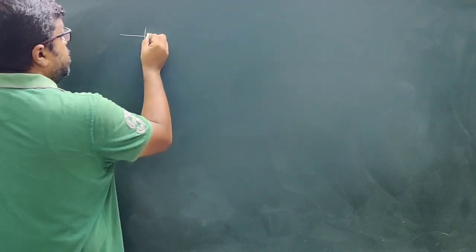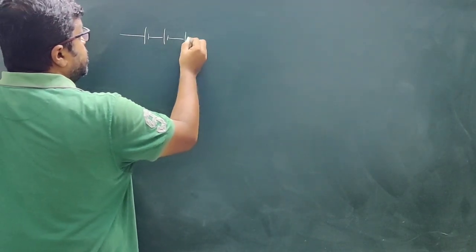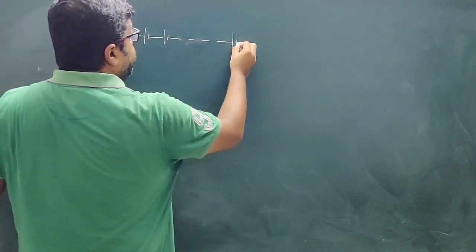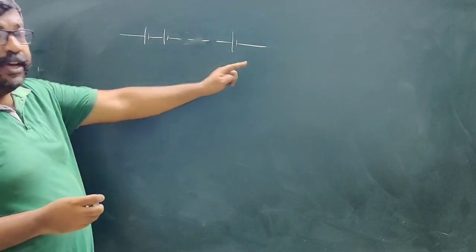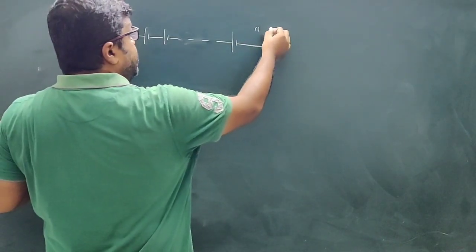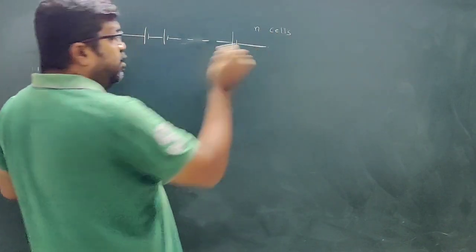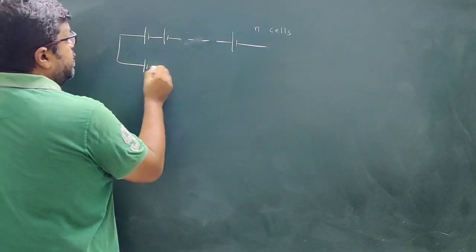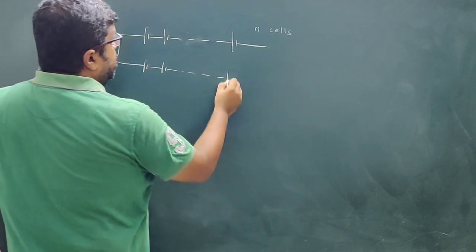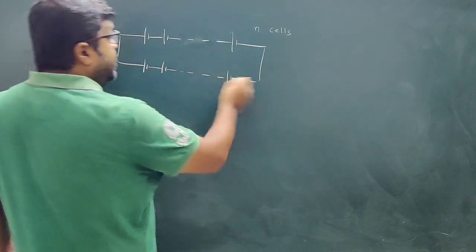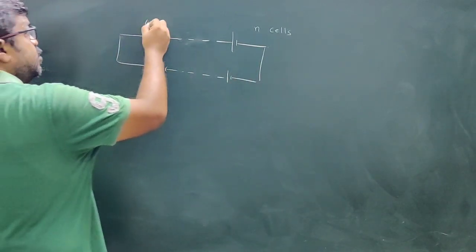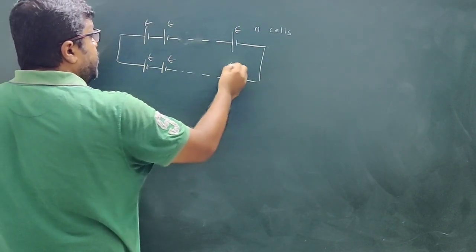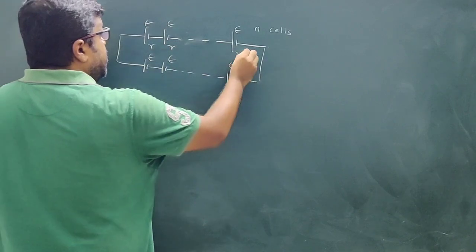So this is cells in series. Here we have n cells, all identical cells. Again another row, again n cells, identical cells, each of EMF E and internal resistance r.